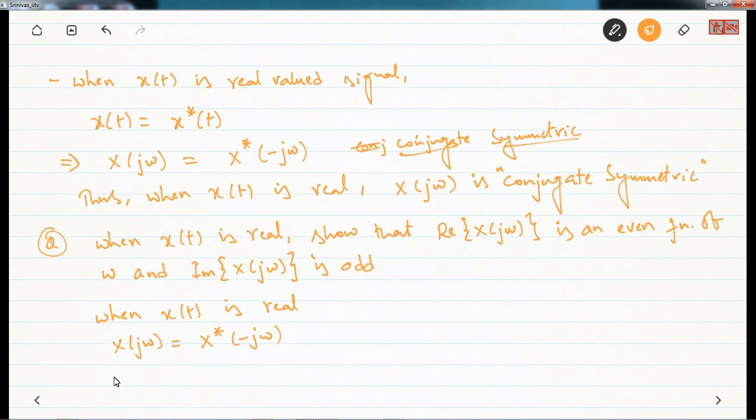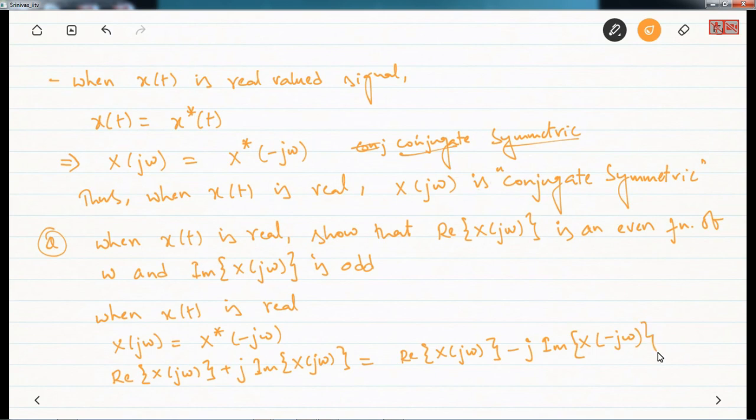So this X of j omega, I can write as real of X of j omega plus j imaginary of X of j omega, and that should be equivalent to real of X of j omega minus j imaginary of X of j omega, right?